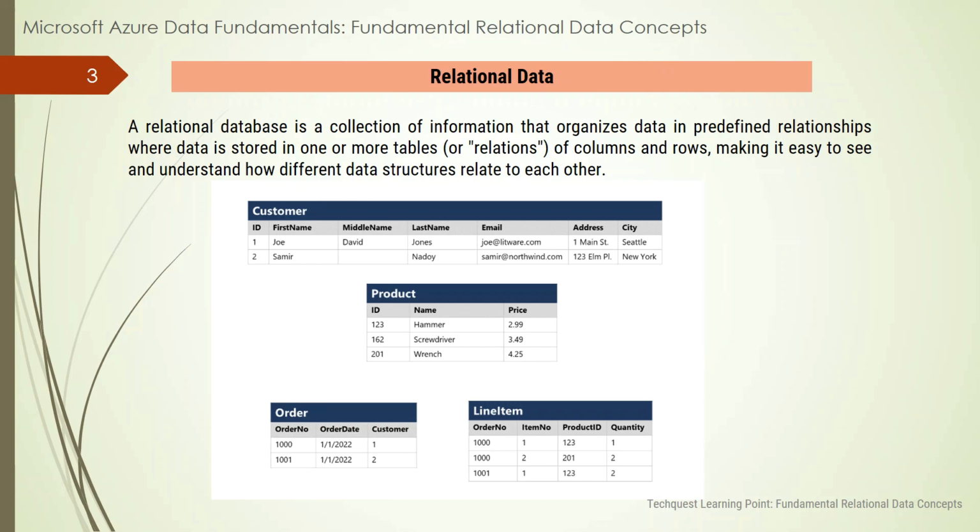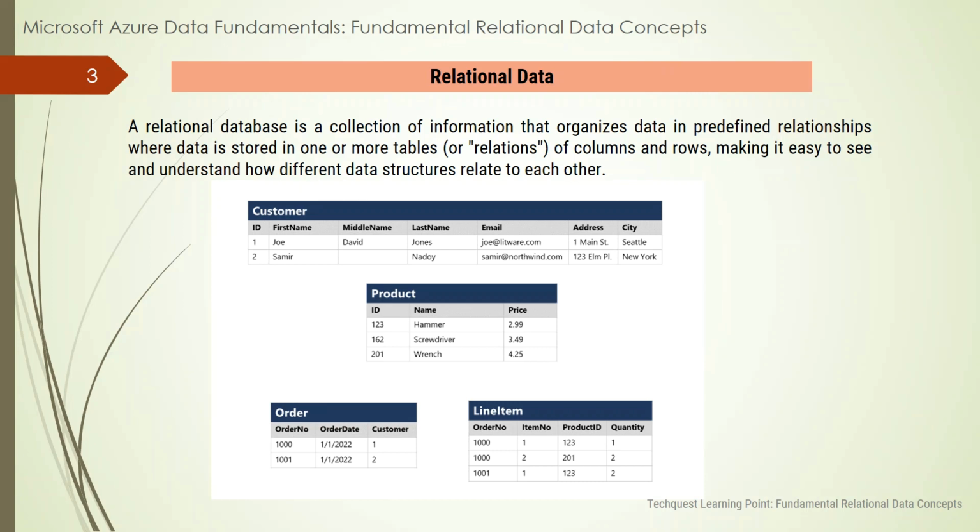In a relational database, collections of entities from the real world are arranged as tables. An entity can be anything for which you want to record information, typically important objects and events. In a retail system, different tables for customers, products, orders, and line items within an order are created.